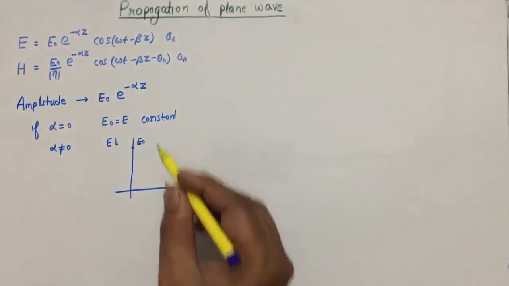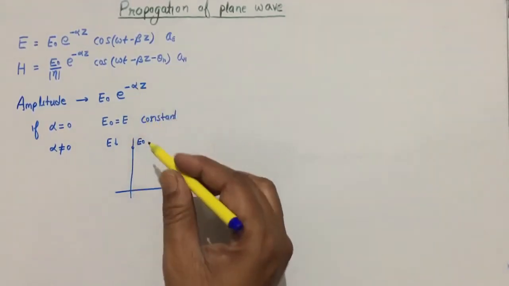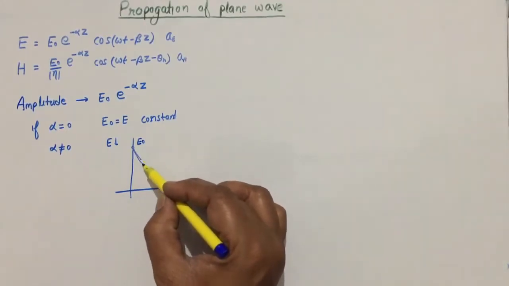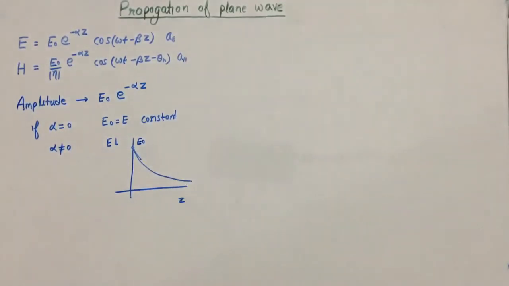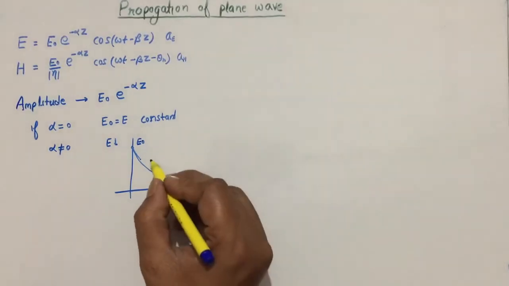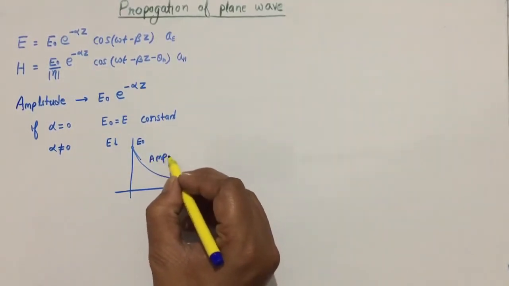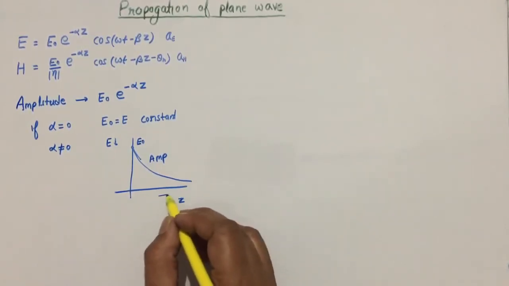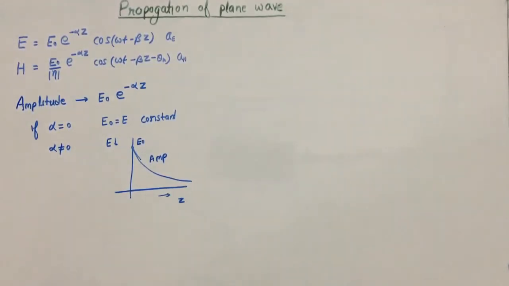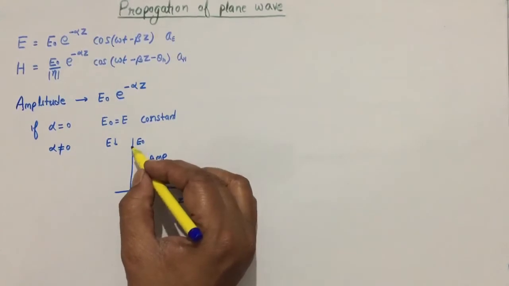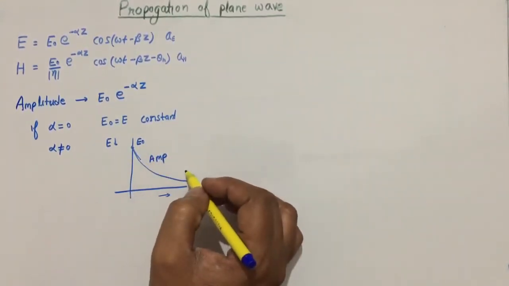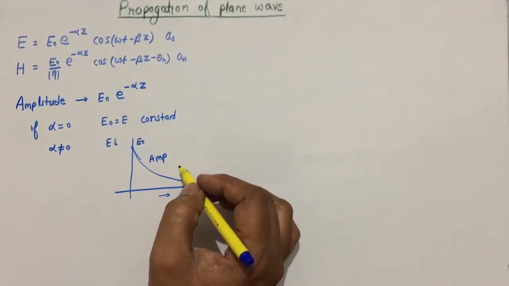And as z increases, it decreases exponentially like that. The amplitude is decreasing with z, and this function is E naught e to the power minus alpha z.